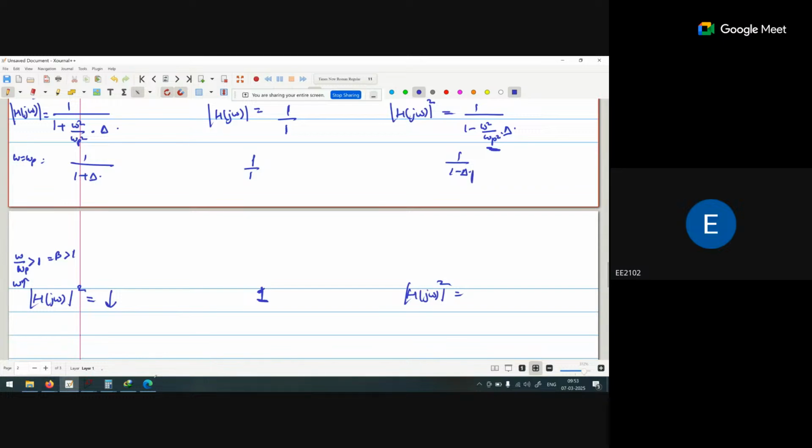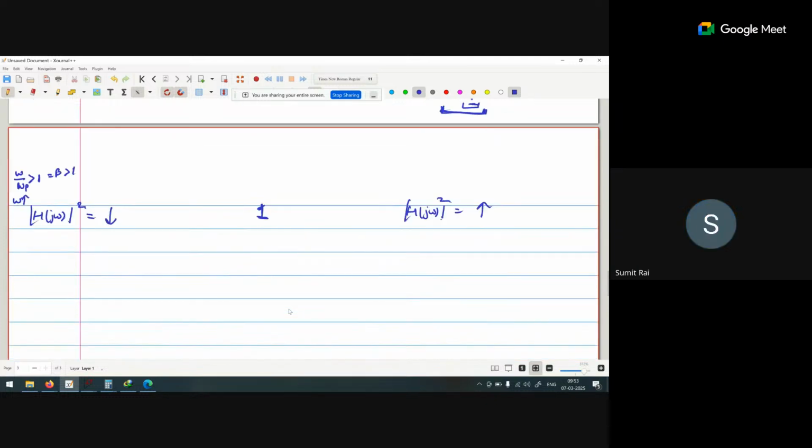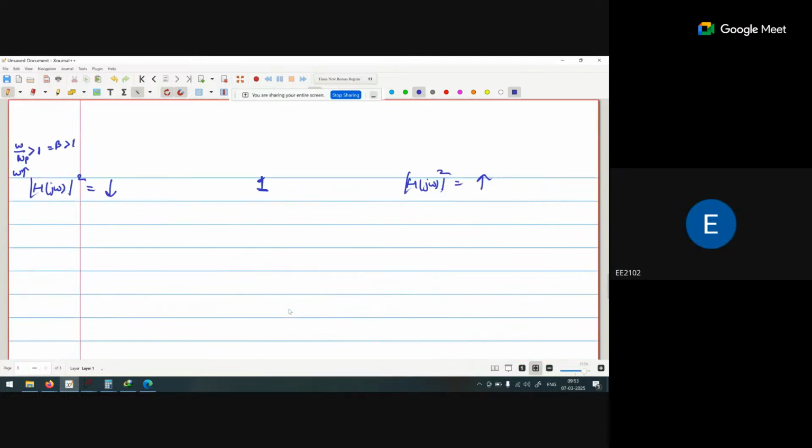If this term is increased, this term is decreasing, so I can say that H of j omega will be increased. Clear? Any doubt? No, sir, clear.